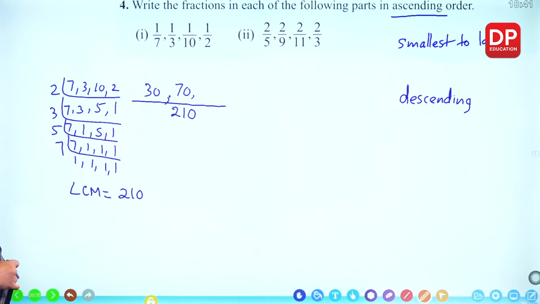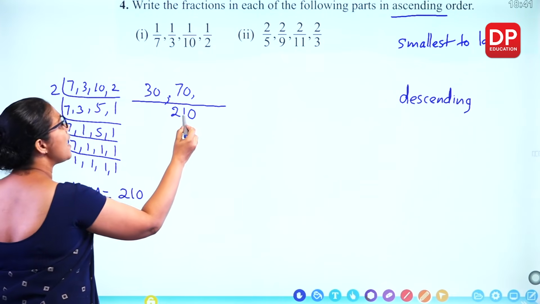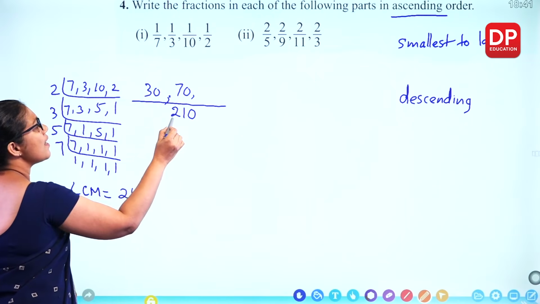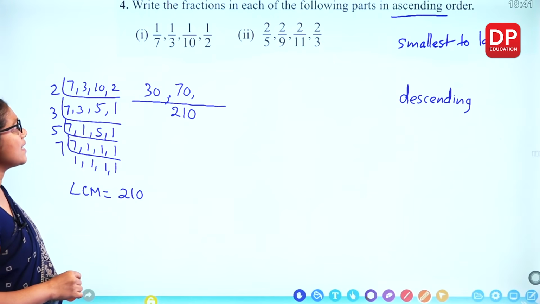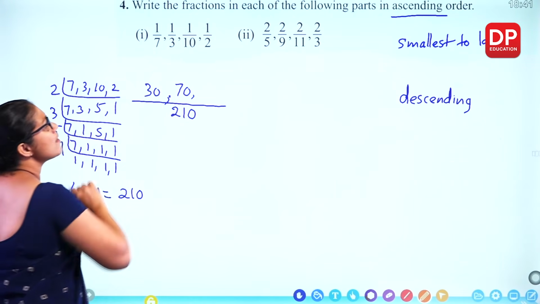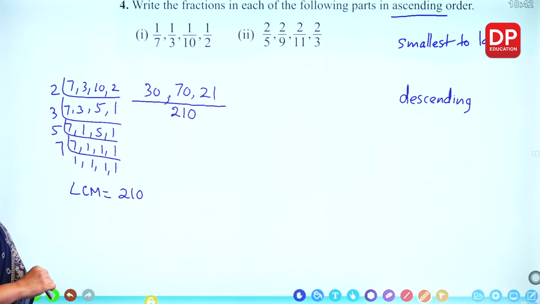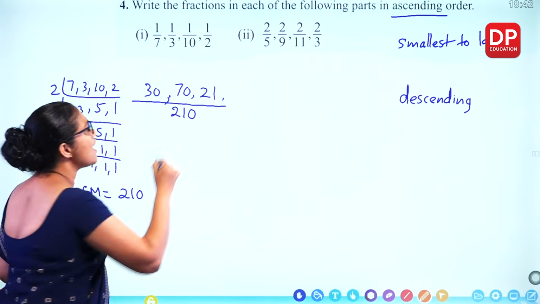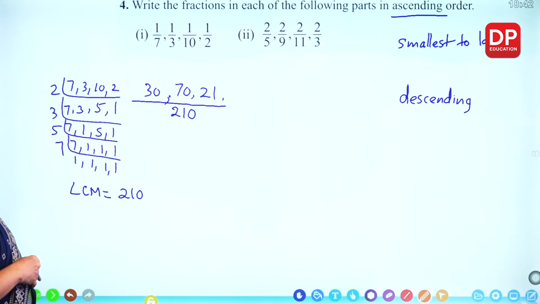What about the third one? The denominator is 10. So when you multiply by 21, 21 times 10 is 210. So you do the same thing to the numerator. So you get 1 times 21 is 21. So what's the last one? How do you get 210 from 2?